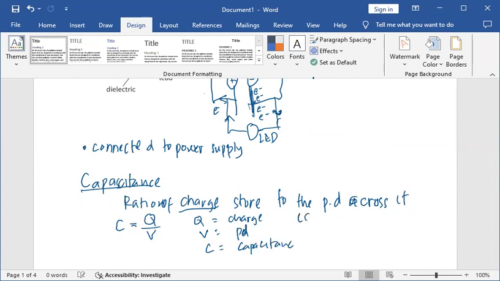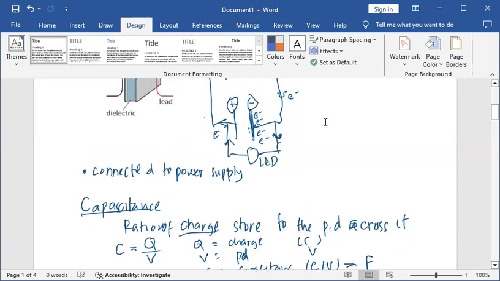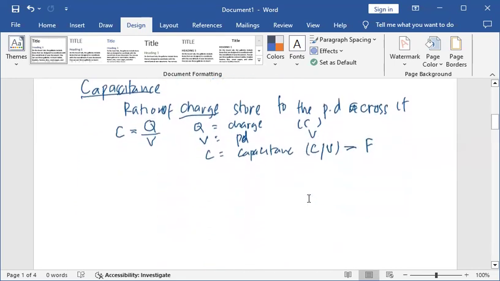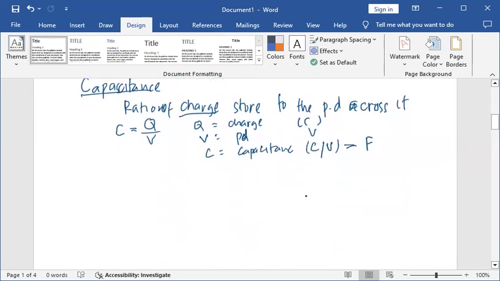Charge is in coulombs, potential difference is in volts, so the capacitance is coulomb per volt, or equals farad. Okay, so we can rewrite this in the form Q equals C times V. So this is capacitance.